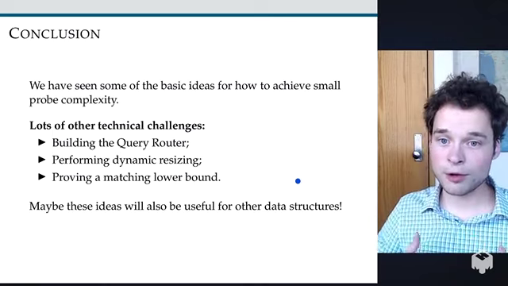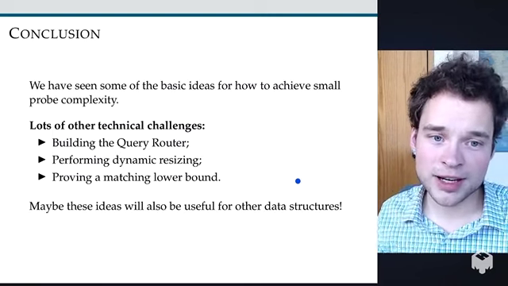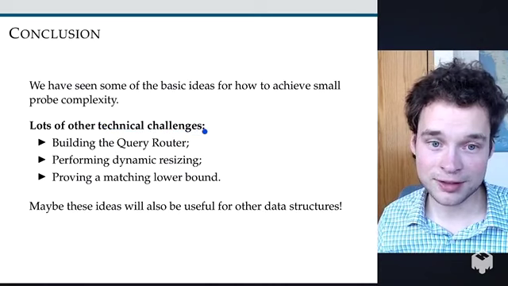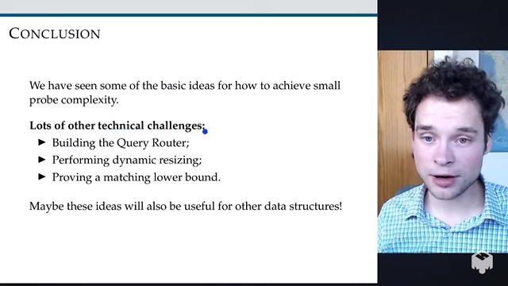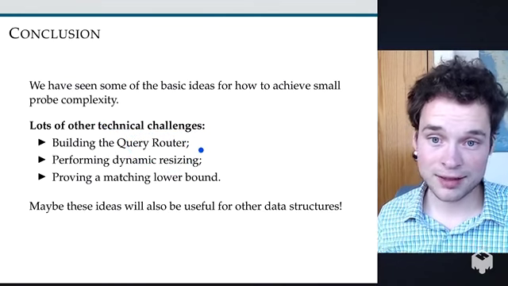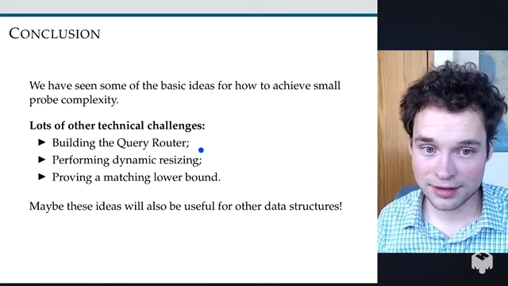Okay, so that's just a few of the basic ideas that show up in our data structure. Let me conclude by commenting on some of the other interesting technical challenges that we encounter in this paper. One I already mentioned is, how do you build the query router so that the amount of space it takes is just a function of the probe complexities of the keys?